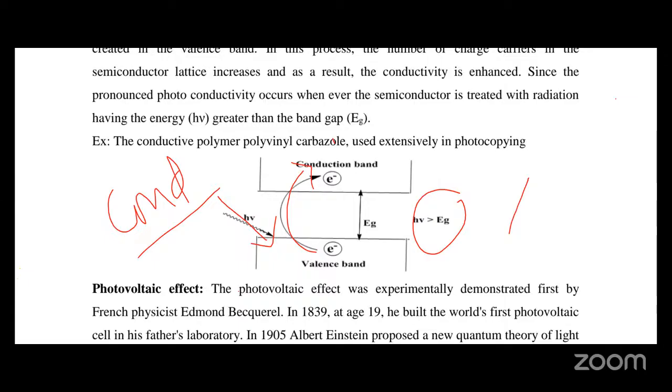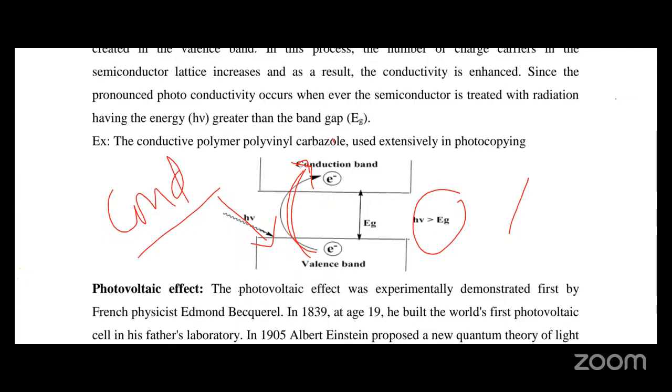You have to provide energy more than that; only then will the electron be promoted from the valence band to the conduction band. Suppose we have given less energy to this system compared to the energy gap, then the electrons do not get sufficient energy to be promoted from valence band to conduction band.